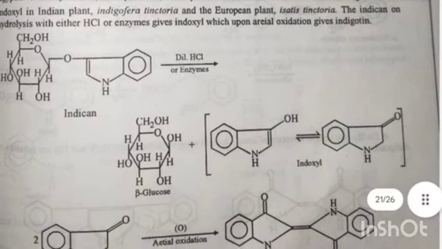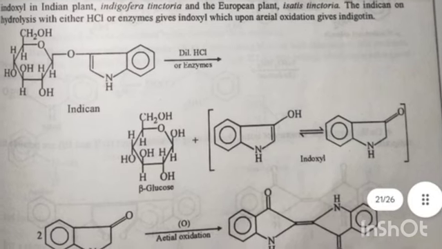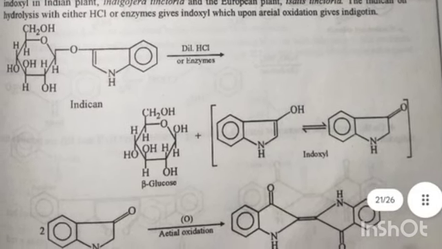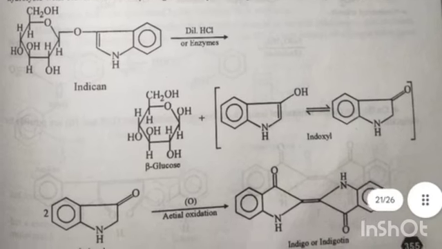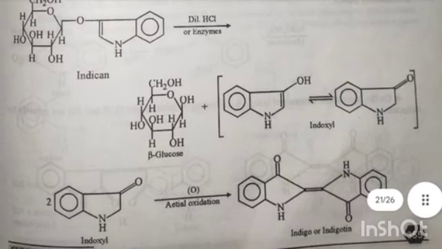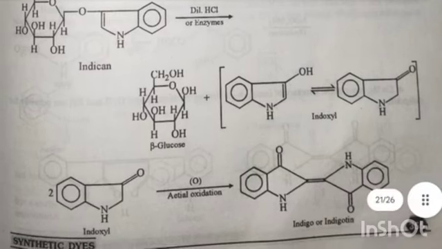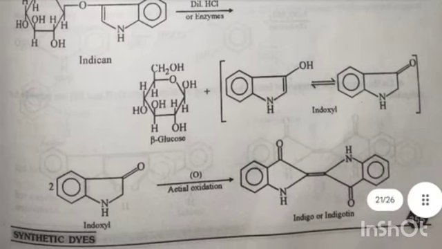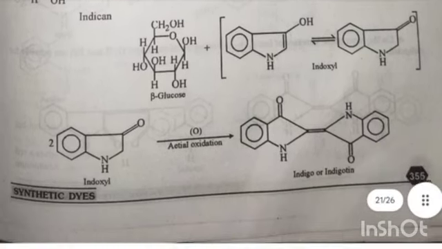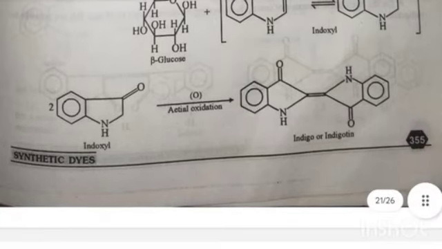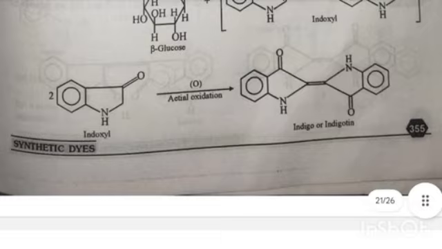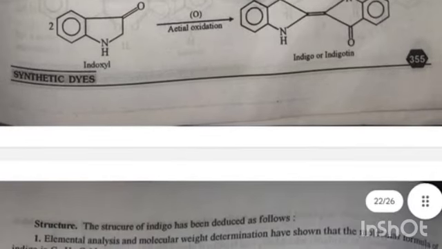On hydrolysis with dilute HCl and enzymes, indican gives indoxyl, which upon aerial oxidation gives indigotin. When indican is heated with dilute HCl and enzymes, beta-glucose is formed as a product, and then the indoxyl is oxidized by air and indigo is formed as a product.